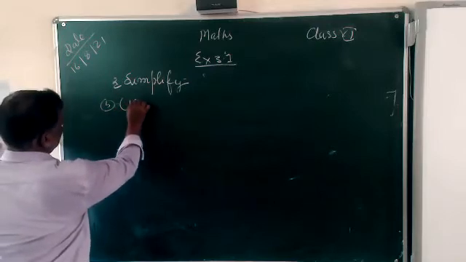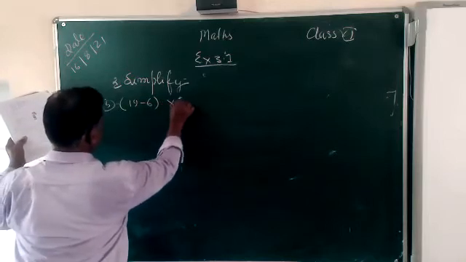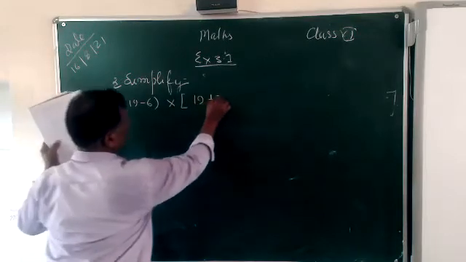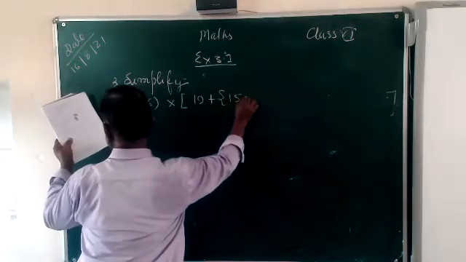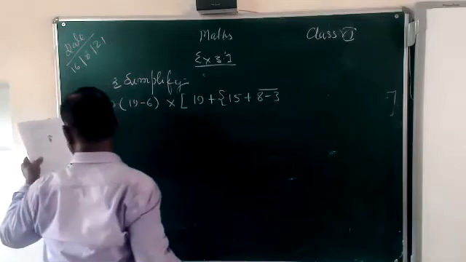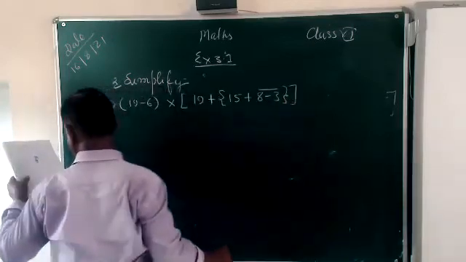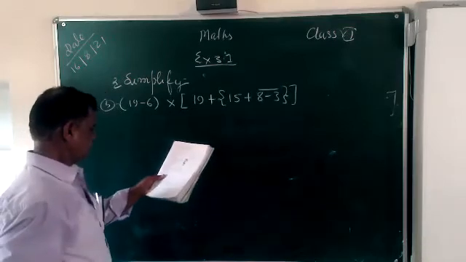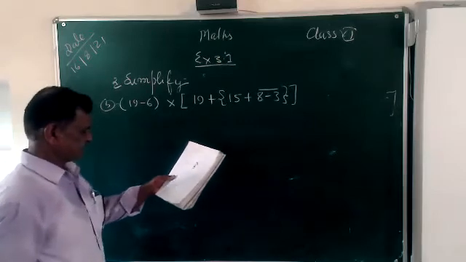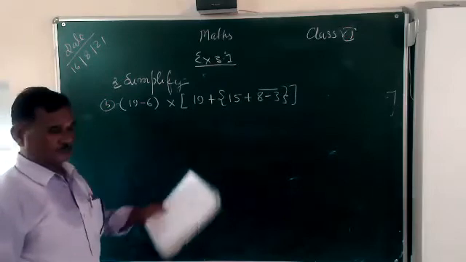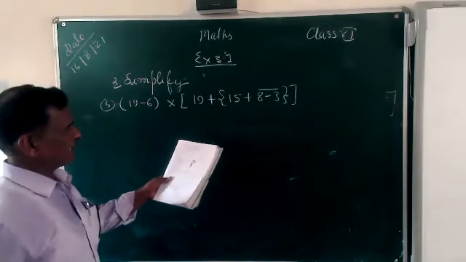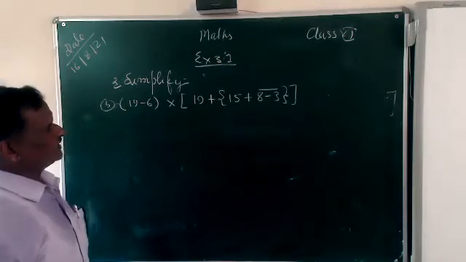In common bracket 19 minus 6, common bracket close, into, in square bracket 19 plus, in curly bracket 15 plus 8 minus 3 in bar bracket, and then curly bracket and square bracket close. This is given.